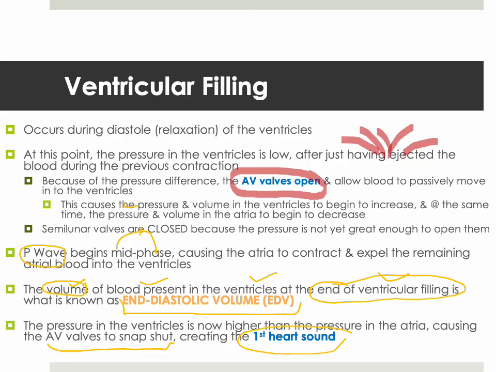However, the pressure is not high enough for the semilunar valves to open. But we're getting there. At the end of ventricular filling, the amount of blood there is called end diastolic volume, right? The pressure increases high enough that the AV valves that were initially open snap shut, and that snapping shut causes the first heart sound, okay?